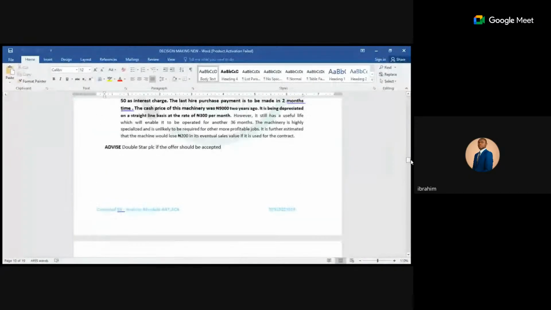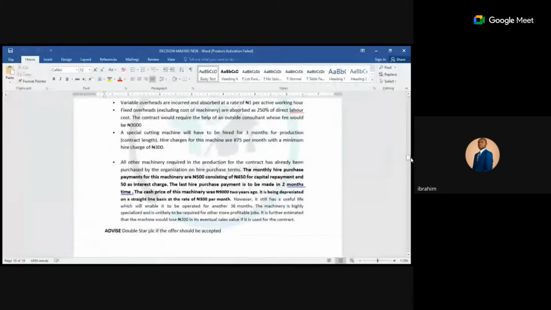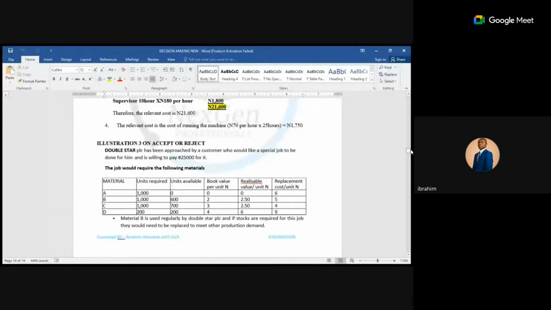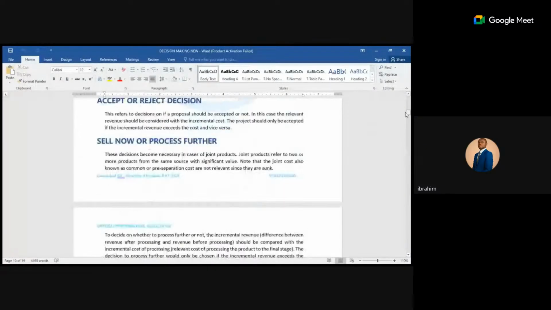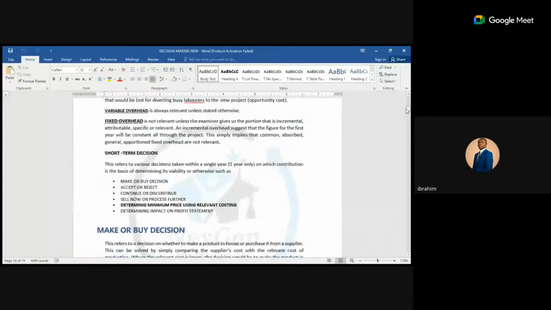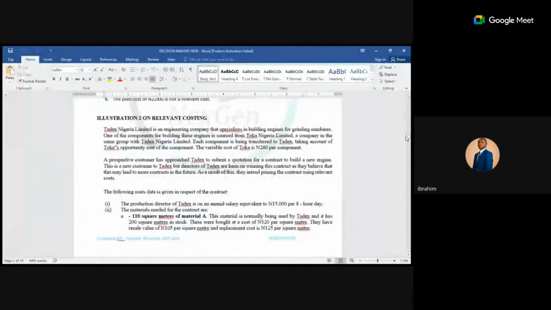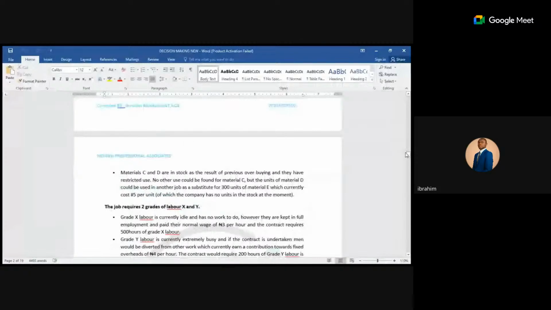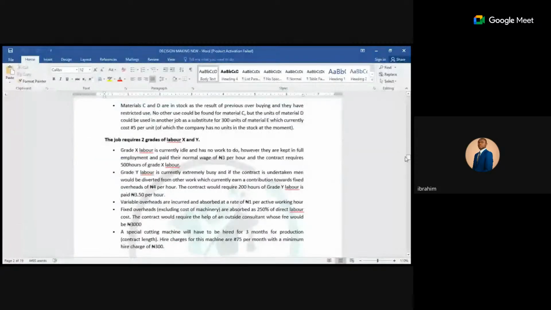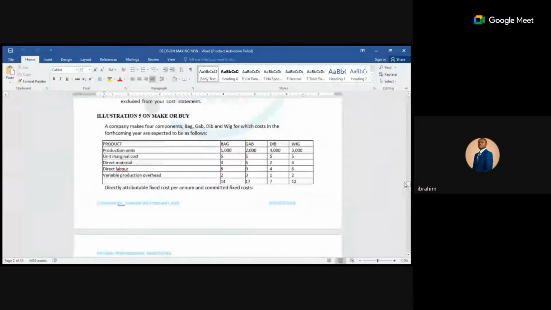So an entity can say they want to make or buy. This refers to a decision. You can decide to produce it, make it internally, or you outsource.